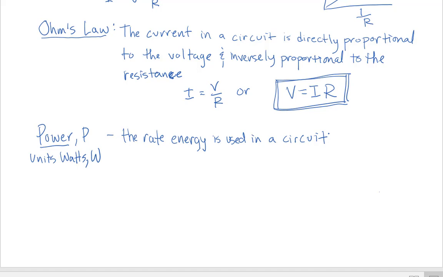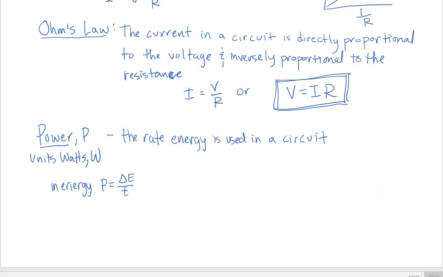Now, in our energy unit, our equation for power, a model for power, was change in energy over time, which is the rate that energy is changed or used, or changed from one thing to another. In our case, we're really talking about electrical energy that's used to power something, so it doesn't really come back.